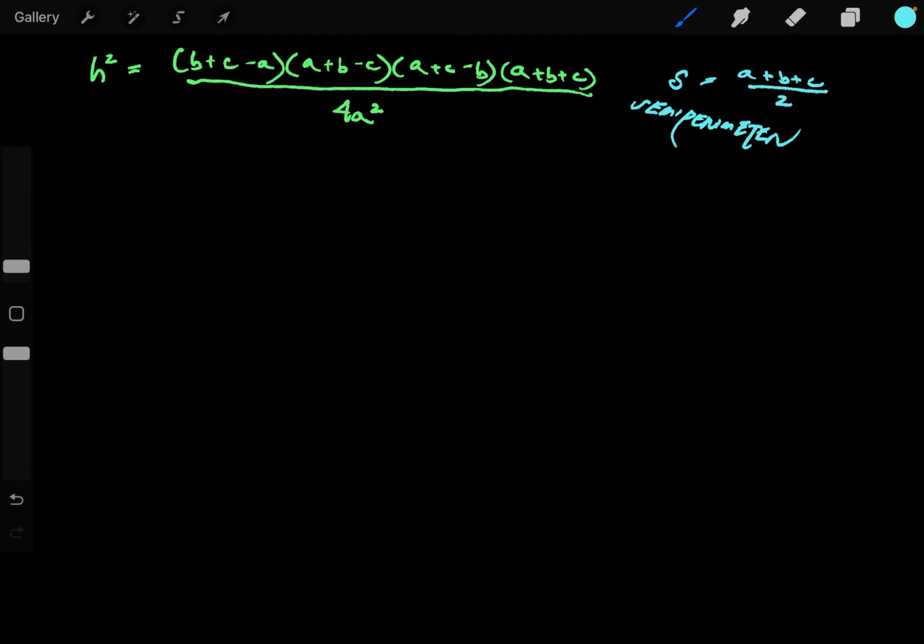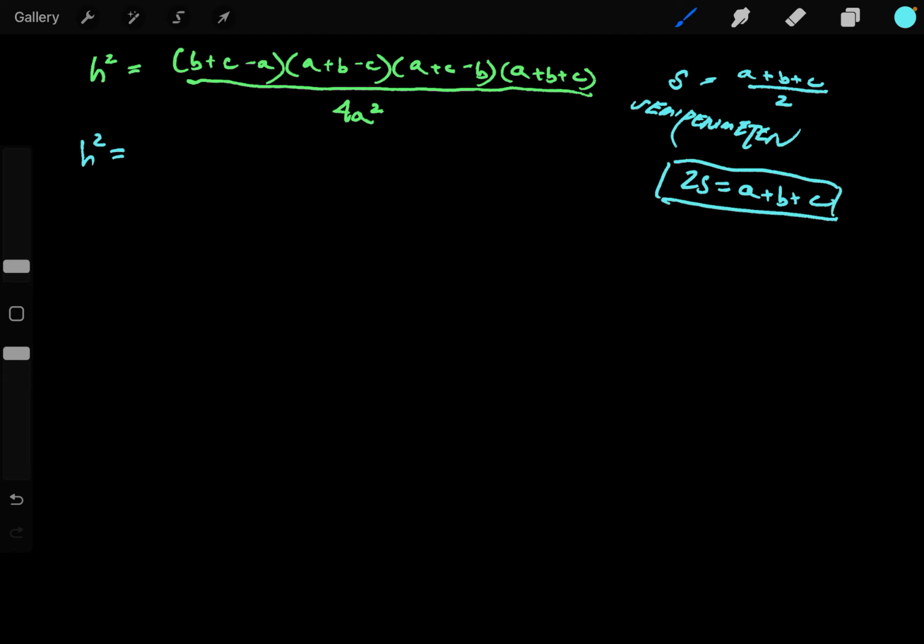Because now we're going to get h squared is equal to, let's see what we got. Okay, so 2s is equal to a plus b plus c, right? And we want to substitute this in for each term.